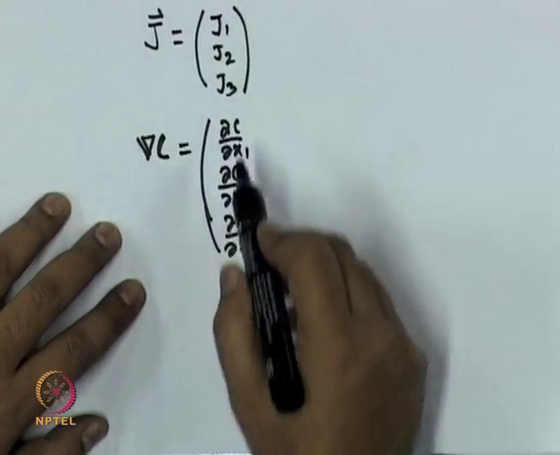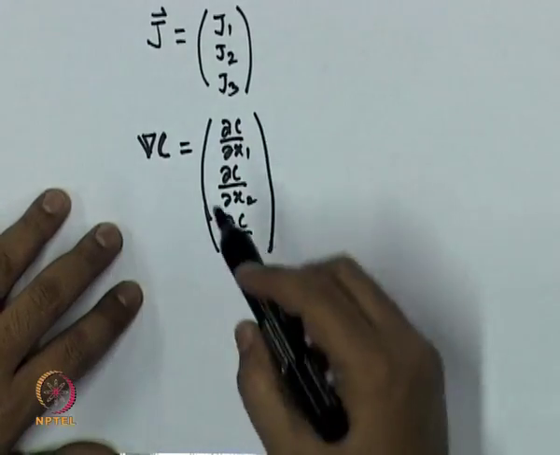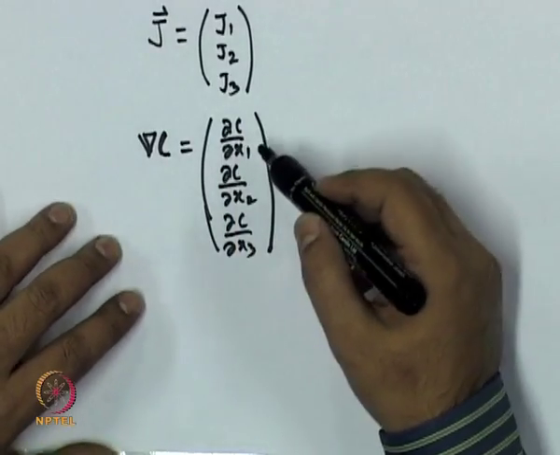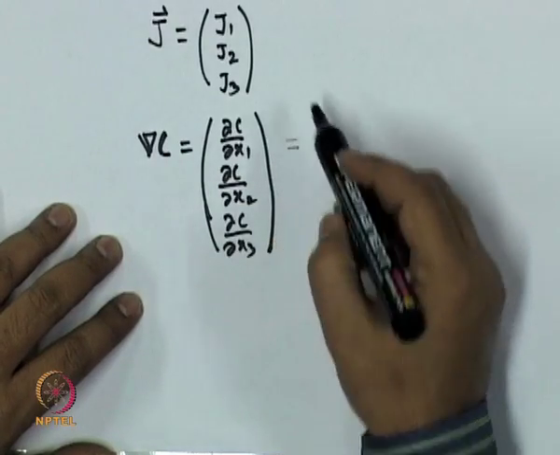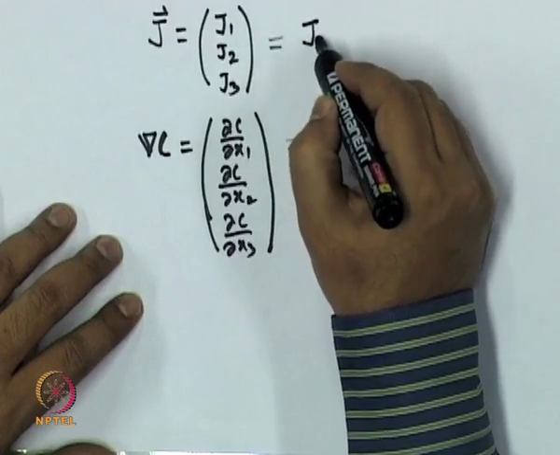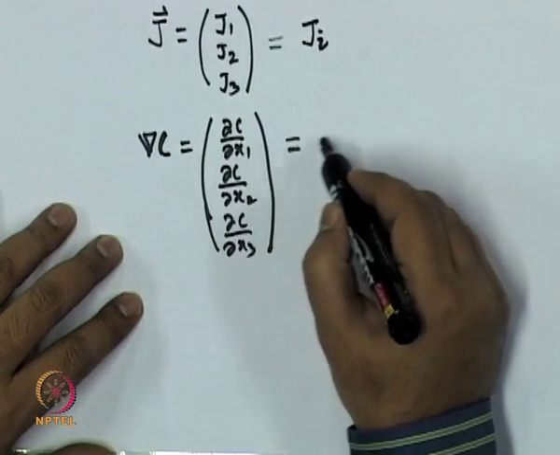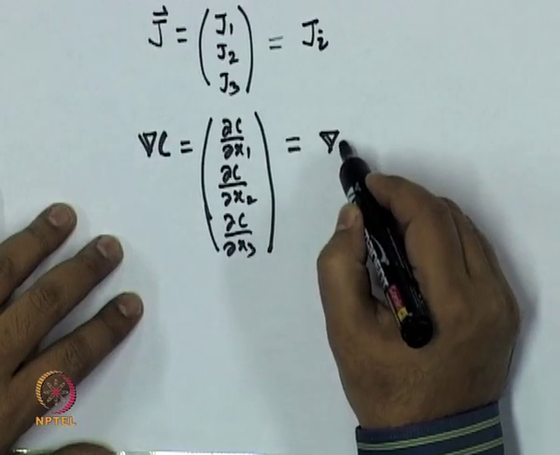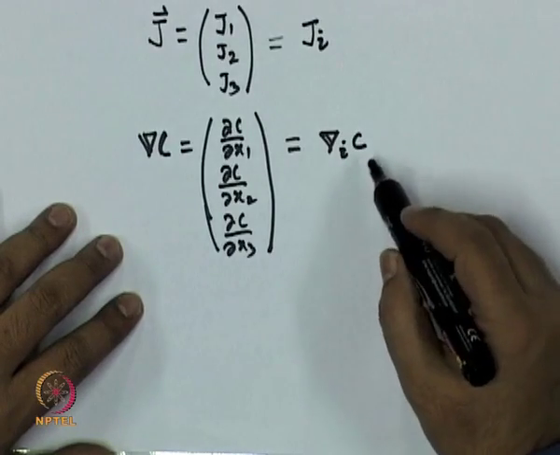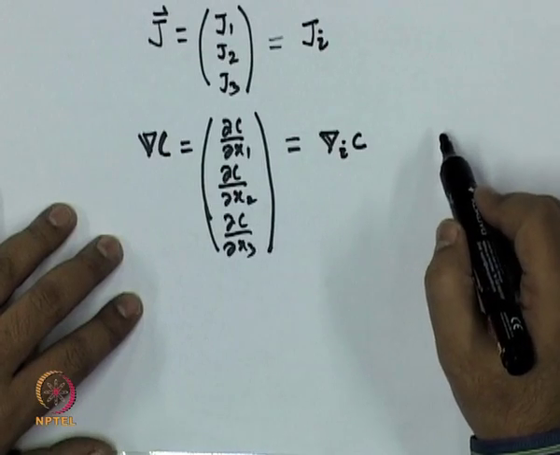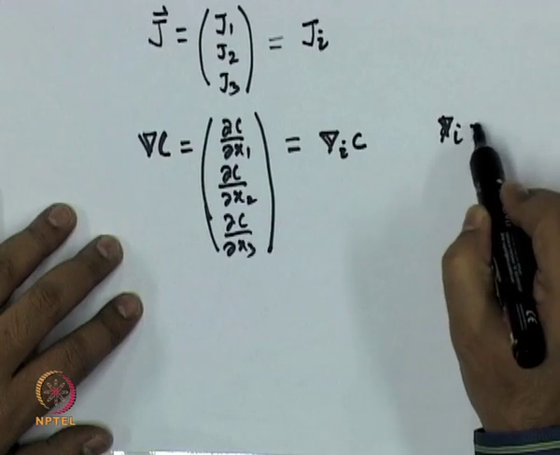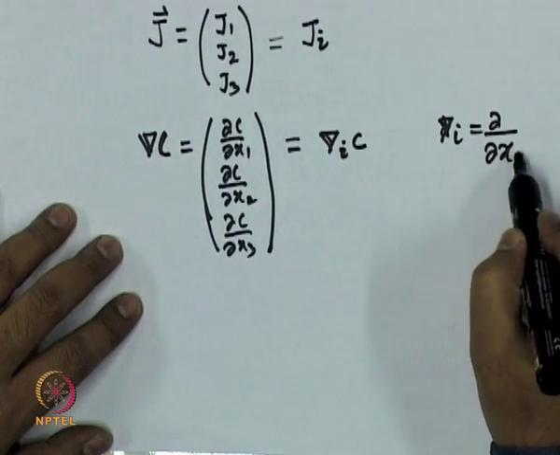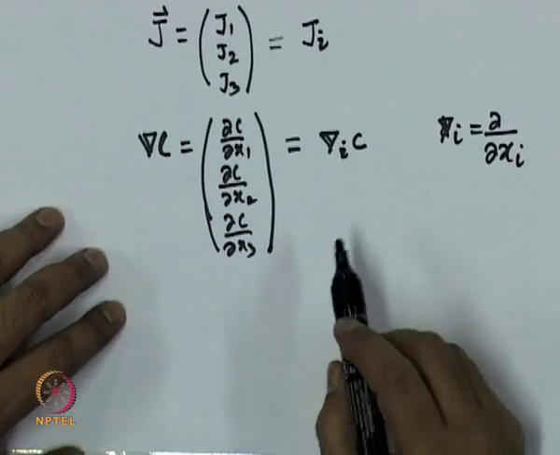Right, composition gradient resolved along the 3 principal directions. So, j is written as j I, and sometimes del c is also written as del I c, where del I is nothing but dou by dou x I, right.